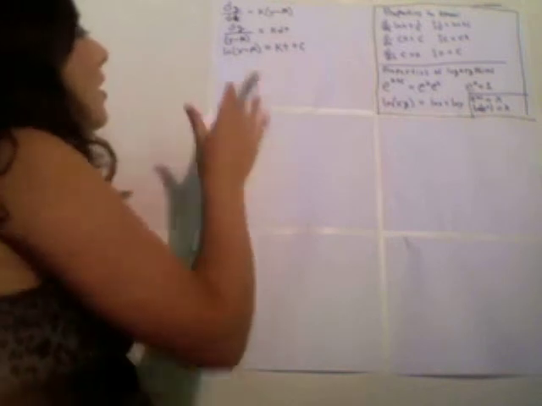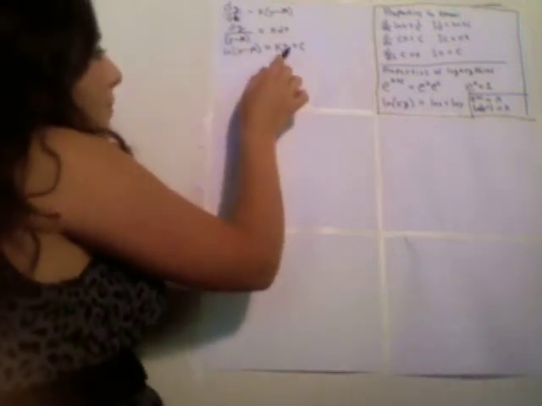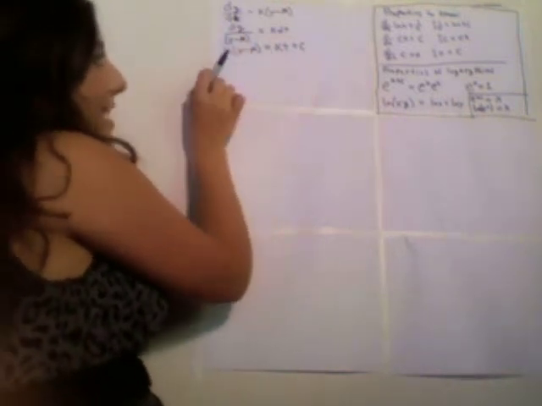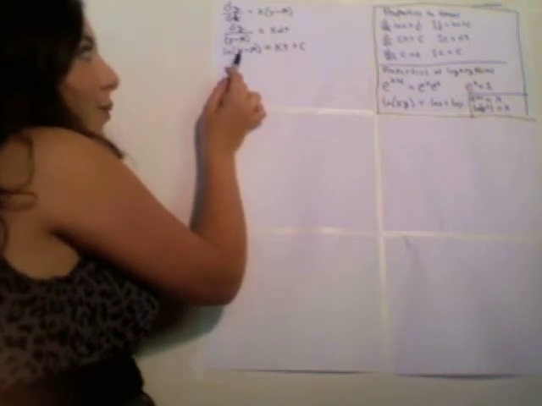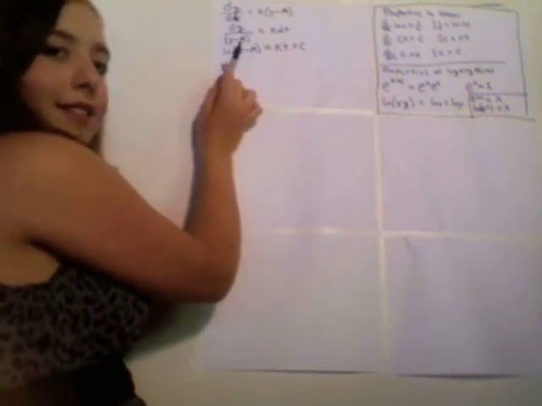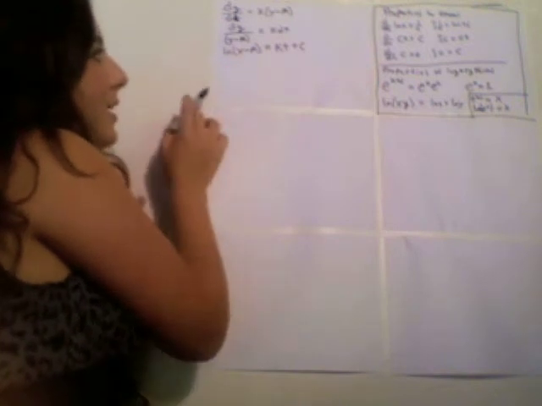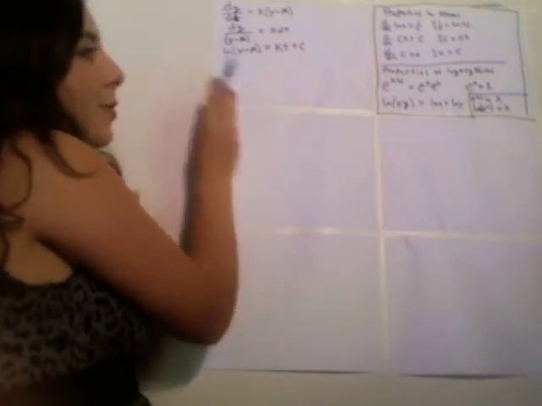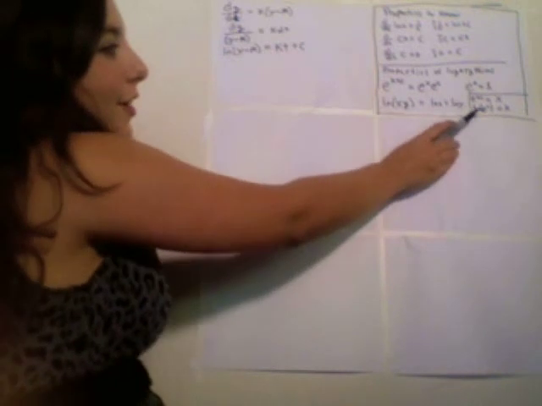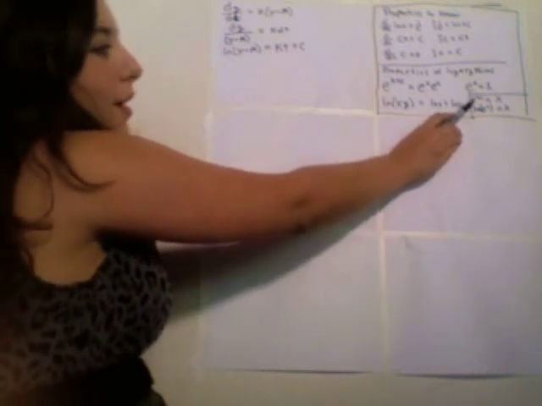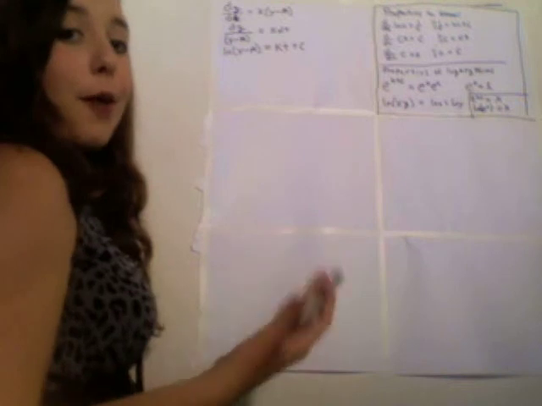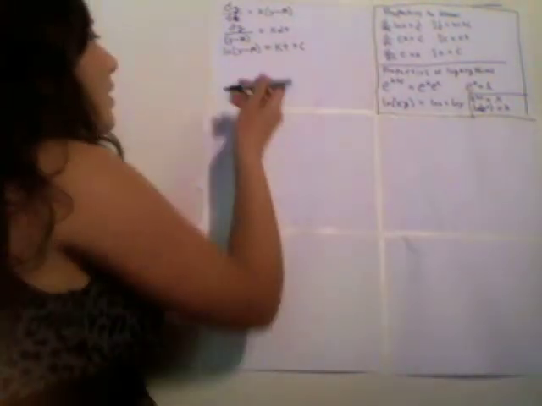Okay. So now we want to get rid of this natural log over here because we want to get y by itself. So we take e to the both sides, because e to the natural logarithm of x is just x. That's one of the properties of logarithms.